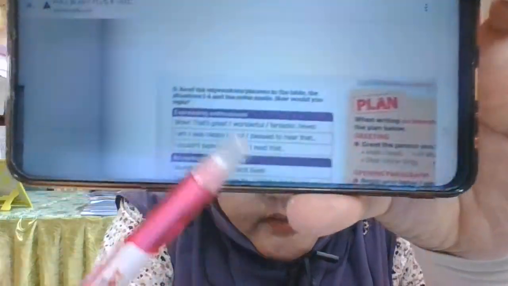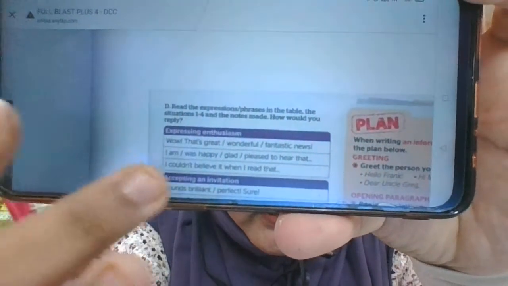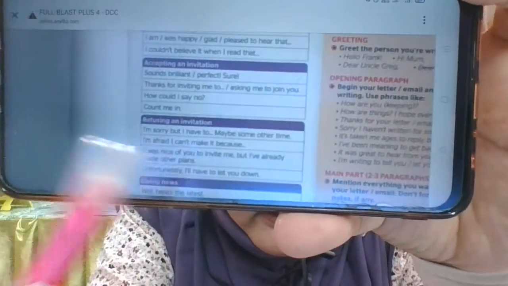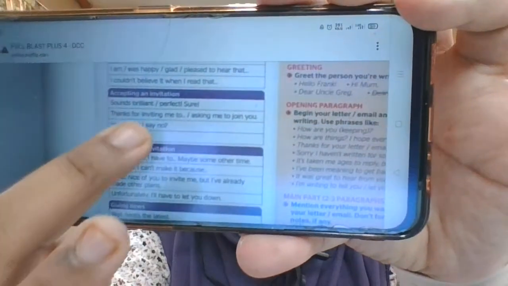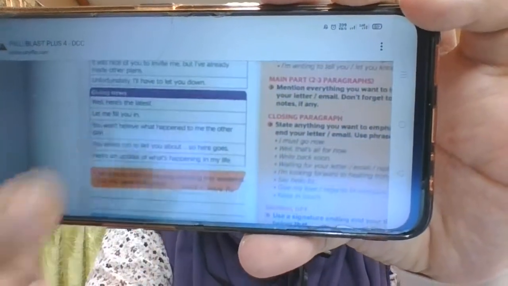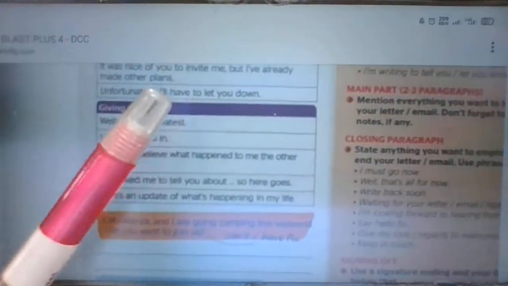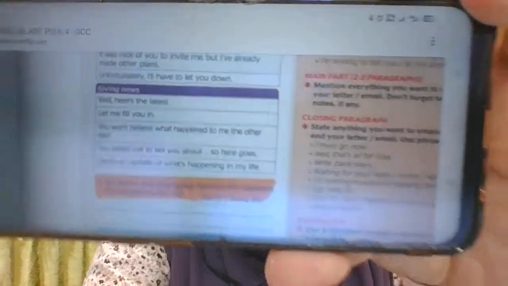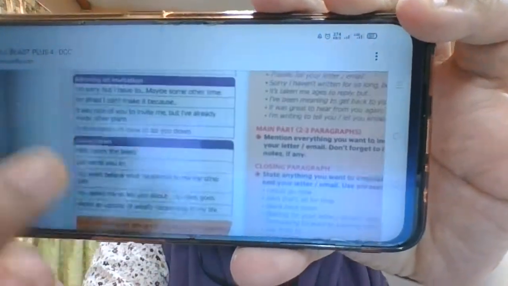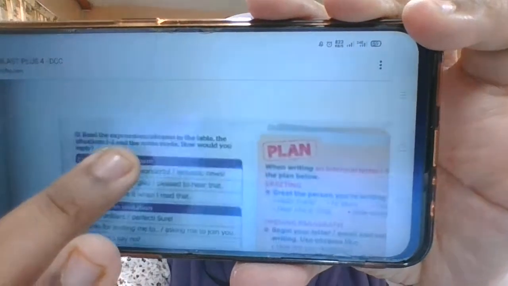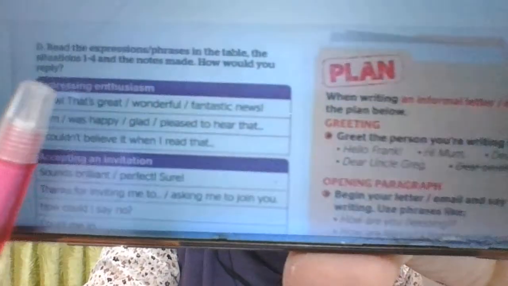So this is the table. What is a table? Table is all of this. So you need to read these phrases. Okay, look at the table and look at the phrases, identify, and you need to understand what it means.